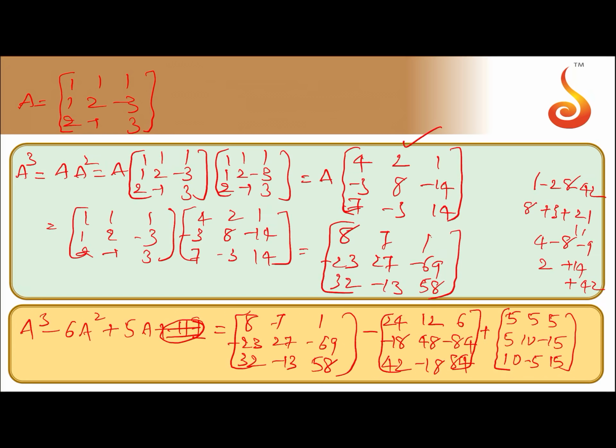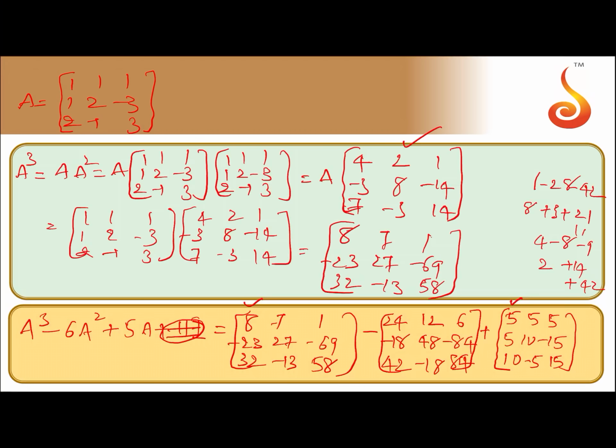A cube minus 6A square plus 5A value. That is equal to. Clearly you can see that 8 plus 5, 13 minus this value, 13. When you subtract, you'll be getting minus 11. So that gives you the value that is equal to minus 11.